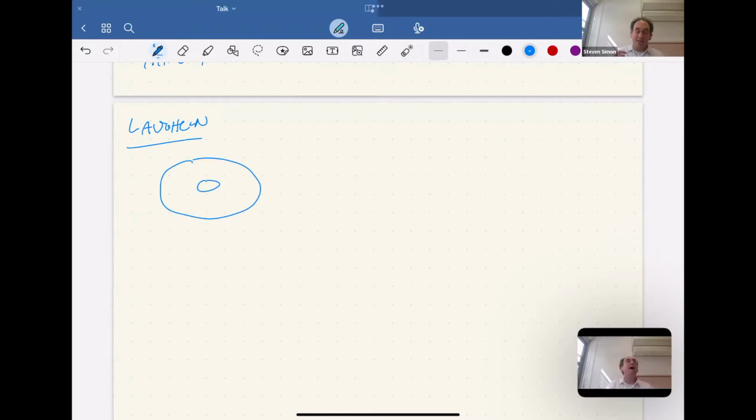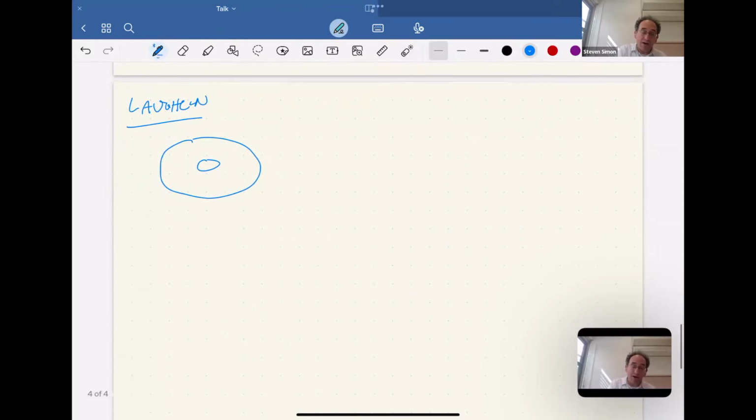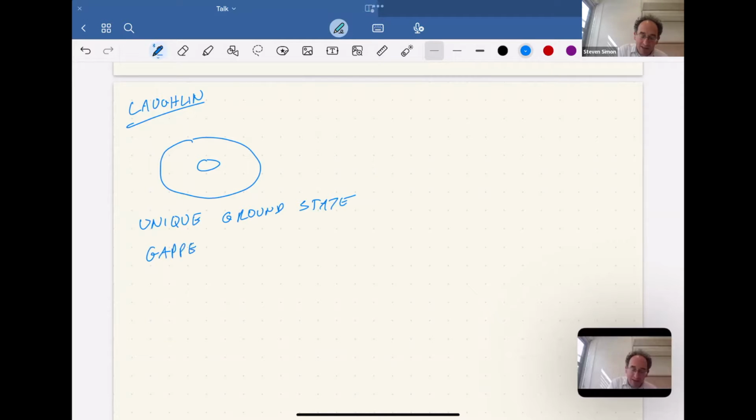It can be any material you like, actually, but the requirements are that it has to have a unique ground state, and the ground state has to be gapped. So there's an excitation gap between the ground state and the first excited state.